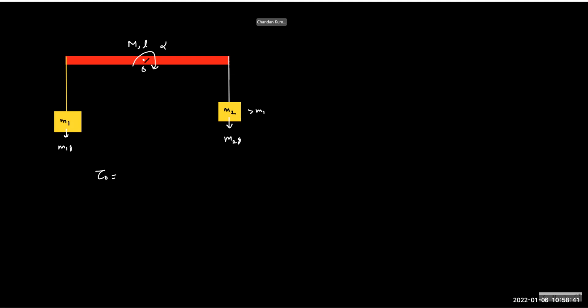So we have M2 g minus M1 g. We do have the hinge reaction force also, but about O these torques will be zero, and so will mg. Only m1 and m2 will work. So it is definitely m2 g L by 2 minus m1 g L by 2.